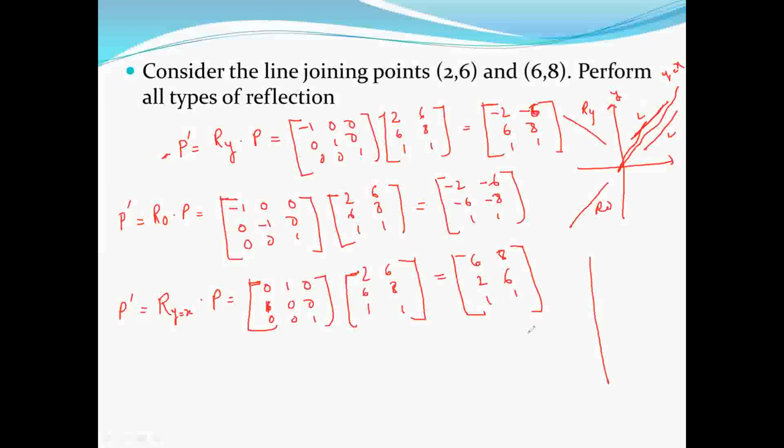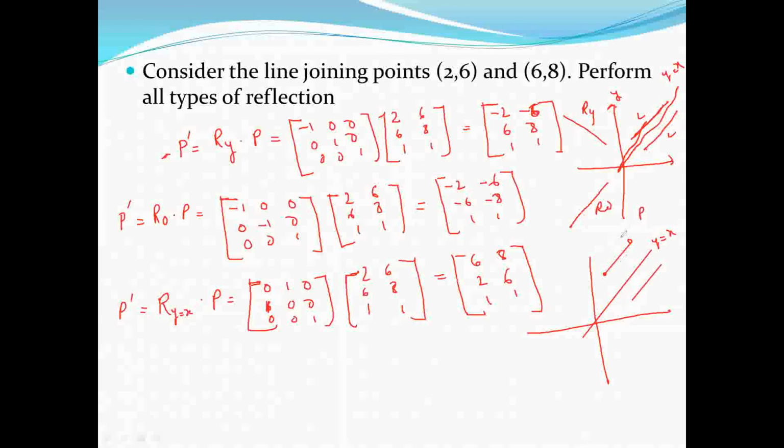So consider this is the line. Okay, so this line is y equals x. This is our another line, and this is our line. Okay, so here the equation of this line is y equals x, and this is our original line segment with the point set P.